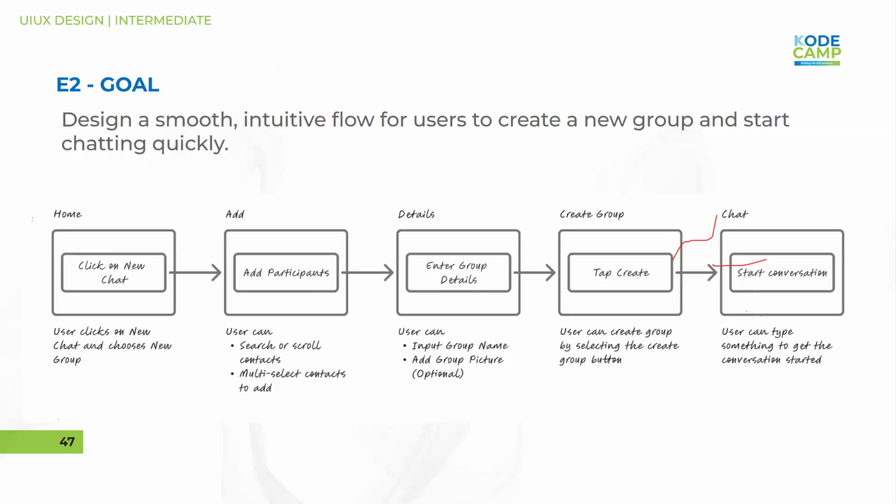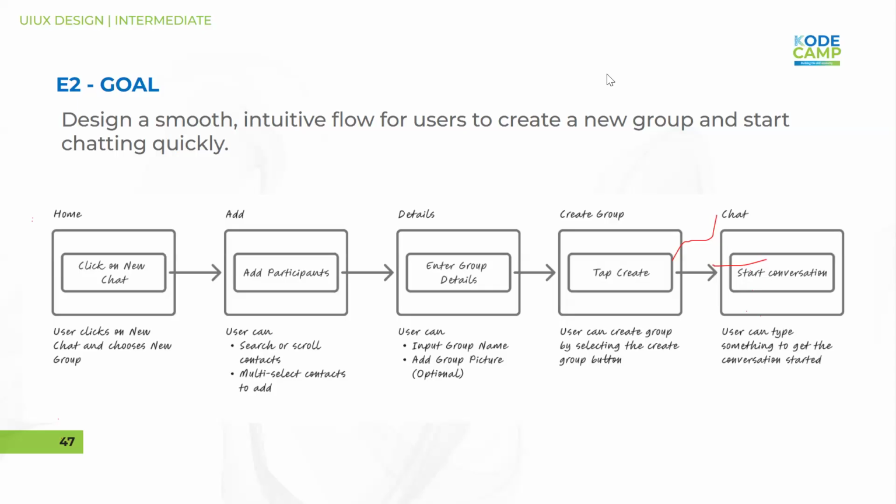From the home, the user clicks on new chat, adds participants, enters group details, and then taps create, and then the user can start the conversation. So what is the pro and what is the con here? Anybody?